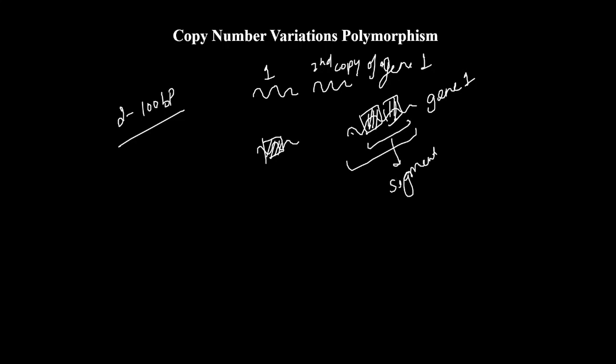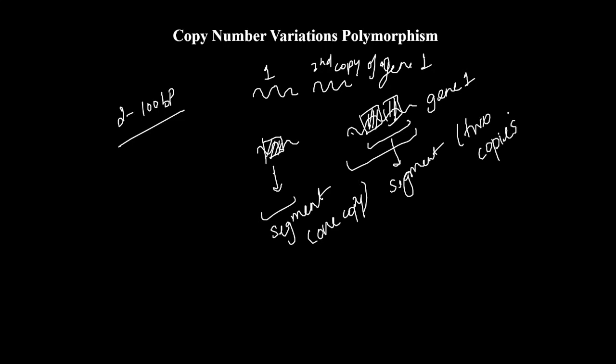This segment here is present in one copy, and here it is present in multiple copies, in 2 copies. So these are denoted as CNV, copy number variations. Okay? So that is the difference.